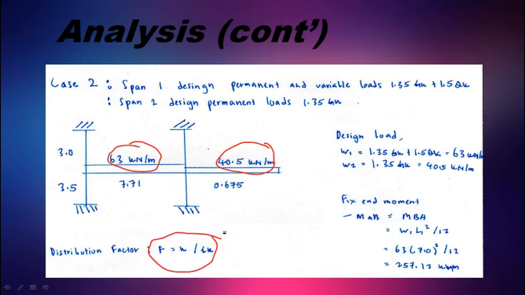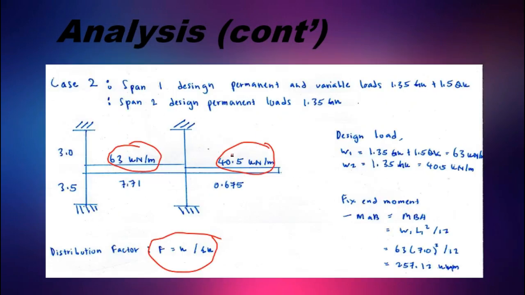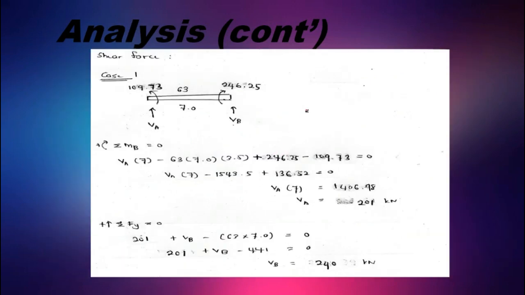But in this case, for the same section, the moment of inertia, the stiffness, and the distribution factor are usually the same. They don't change. After that, we will proceed to the moment distribution method, where it's practically the same as the first case. The values of the moment will be recorded and then used to calculate the shear force.